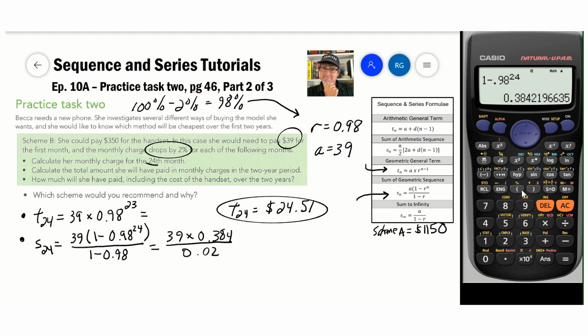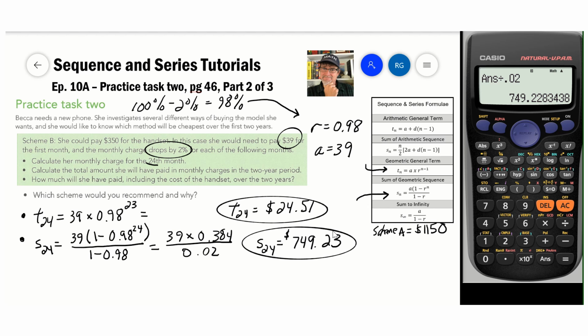So if I take our 0.384 and times that by 39, that gives us 14.98, and then we can divide that by 0.02, and we'll have our answer for the sum of the 24 terms. So that's S24 equals 749, and that's going to round to $749.23, and that's dollars.